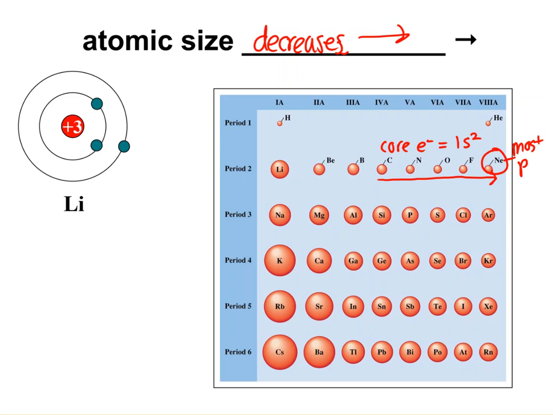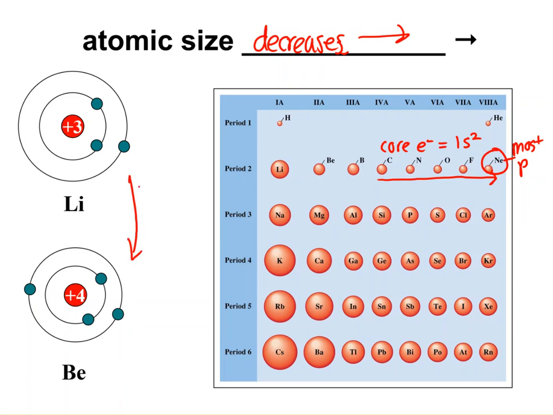Remember that the position of the energy levels is not set. These shells vary in their size depending on what particles are in there. So if we're considering lithium, with 3 electrons and 3 protons, like so, to beryllium, which has more nuclear charge but 1 more electron also, the shielding is the same. These have the same shielding.